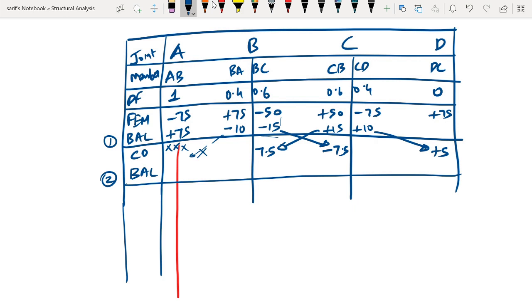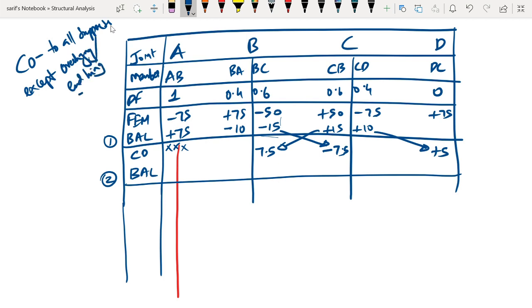Also, before we do that, one thing we have to remember here is, where do we carry over? We have to carry over to all supports except the overhanging or the end hinge.